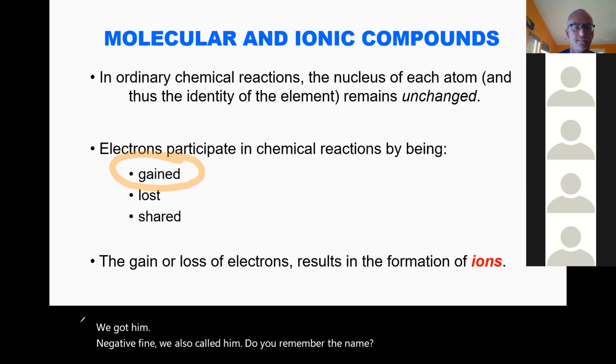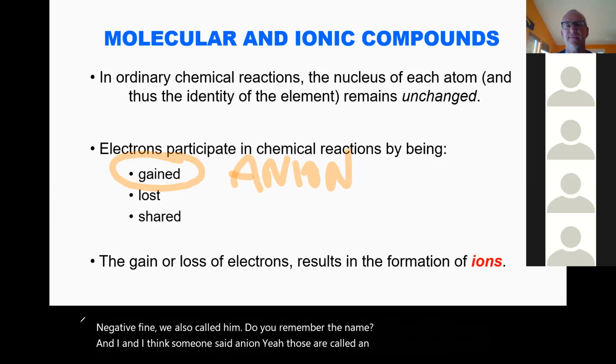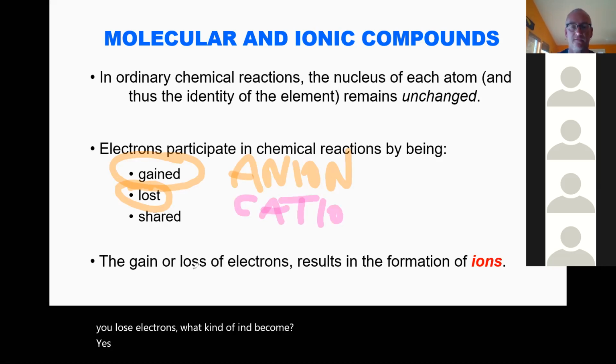Anion. Yes, those are called anions, a negative ion. So if you lose electrons, what kind of ion do you become? Cation. Yes, cation. And cations are what charge? Positive.